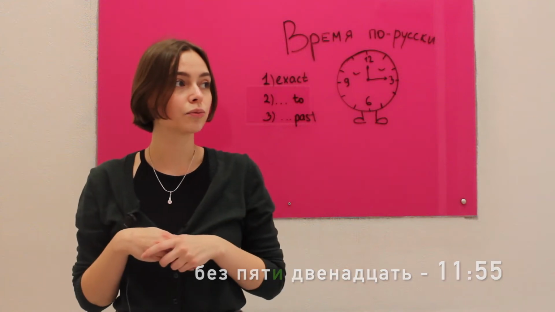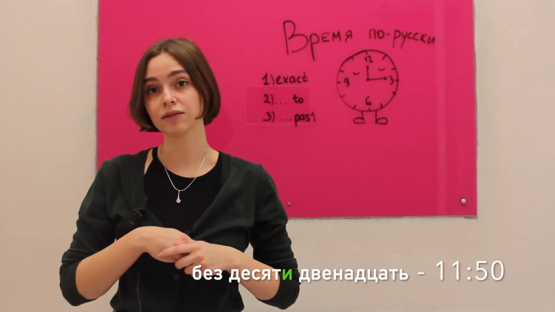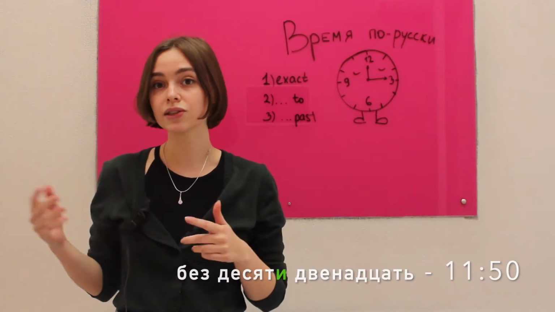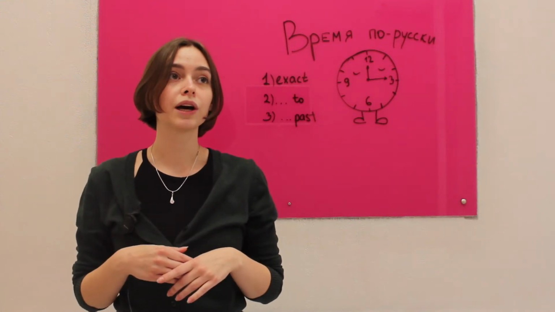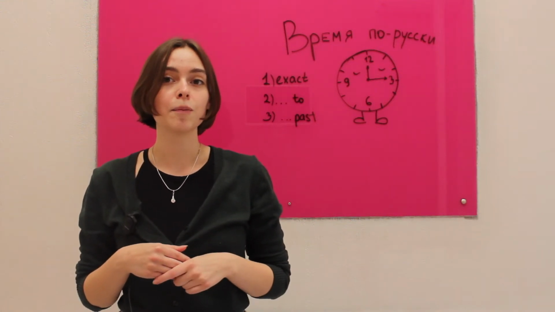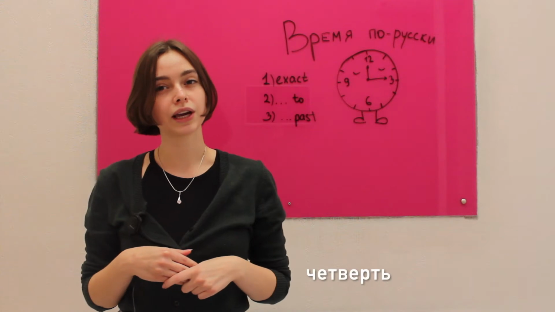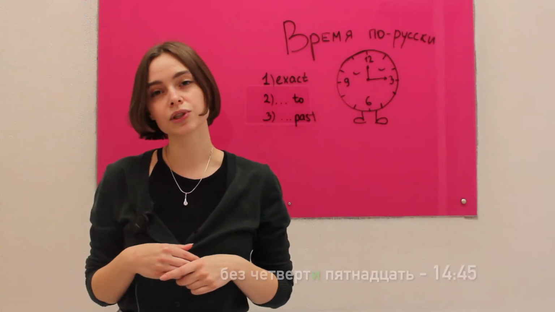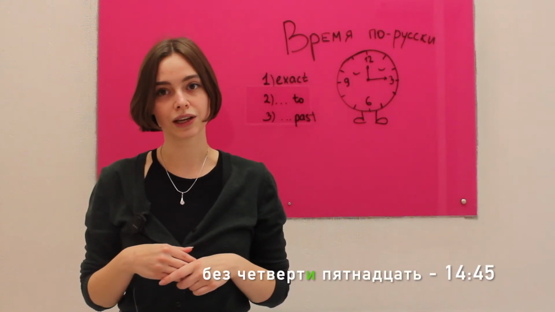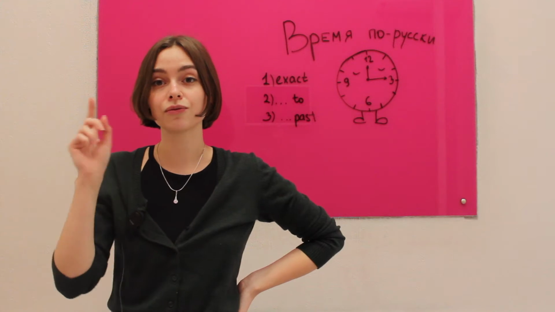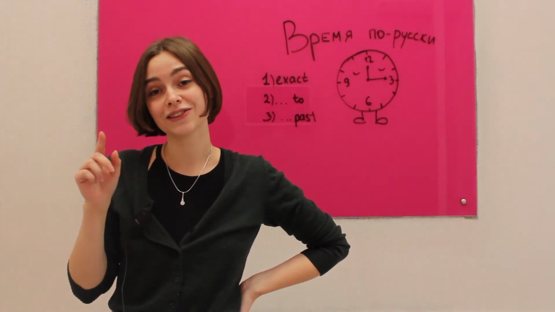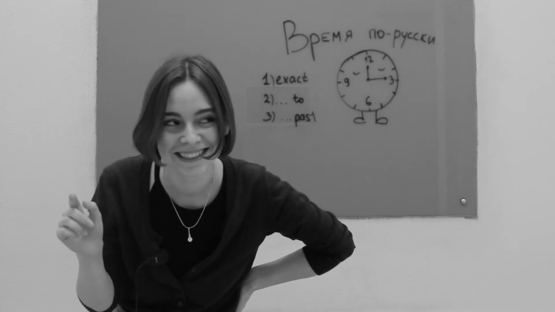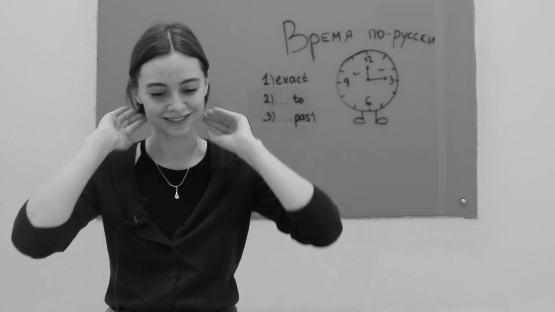It could also be без 10, 12, 10 minutes till 12. But when we come to 15 minutes, many Russian people will say четверть. So we would say без четверти 15, which will be 14:45.